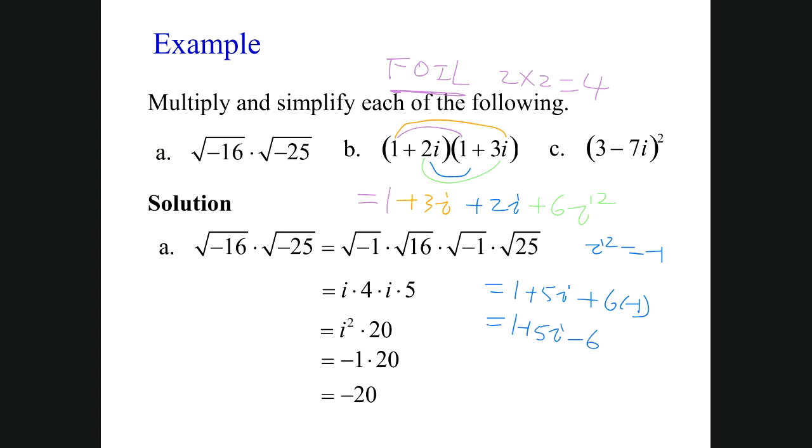Okay, minus 6 in here. And then these two are the like terms, so I have to combine these two together. So 1 minus 6 is -5. So I have -5 plus 5i. Okay, and that will be the final answer for this one. Okay, we have -5 plus 5i in here. So using the FOIL, multiply it in.